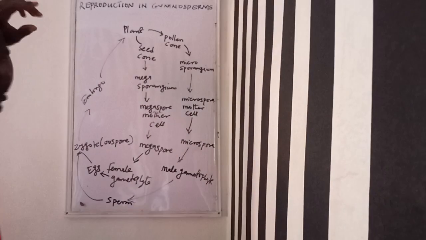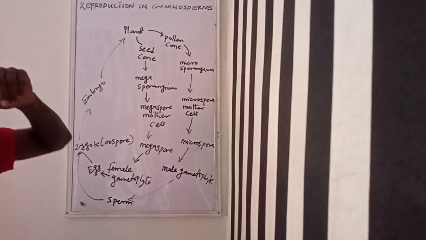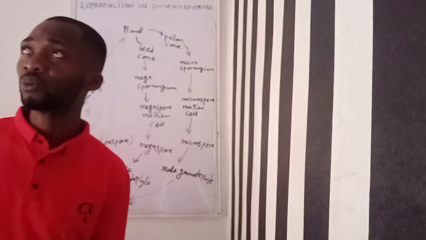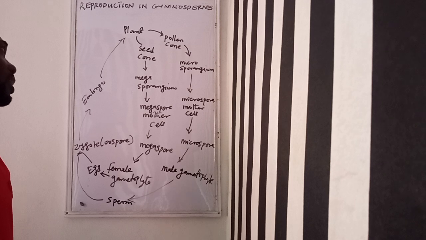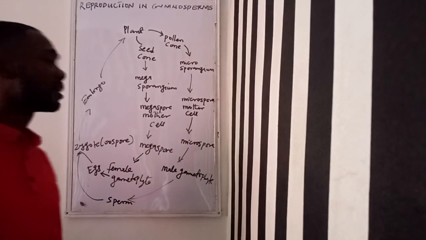So this is the plant, the pollen cone. Remember we said that gymnosperms have cones, and we have two different types of cone. We have the one that bears the female part, and the one that bears the male part.